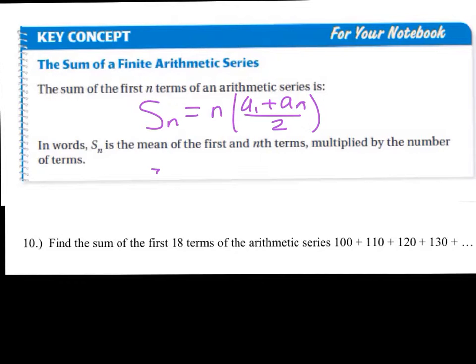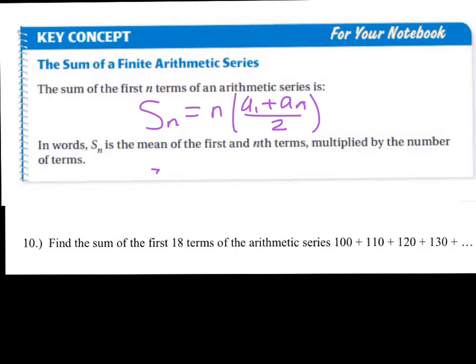So if you're trying to find that, the sum of however many terms you have is going to be equal to the term number, which is n, times your first term plus your last term, divided by 2. If you need to, take notes of what each are.